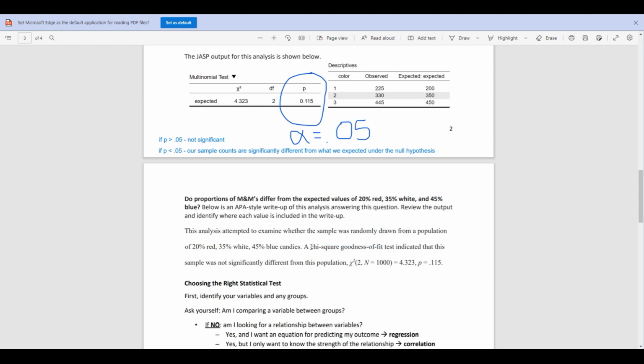In this class, we're just covering this first one. Okay? So a chi-squared goodness of fit test indicated that this sample was not significantly different from this population. Again, not significantly different based on our p-value.